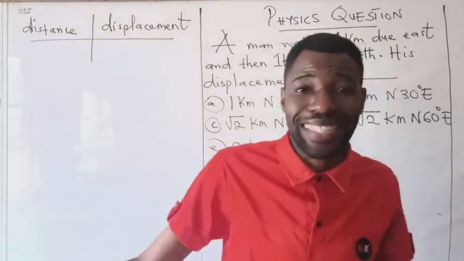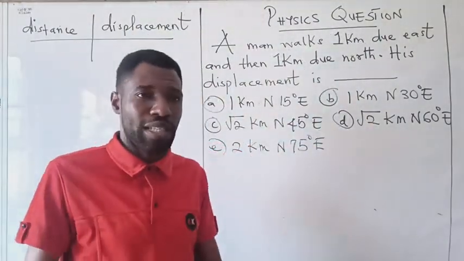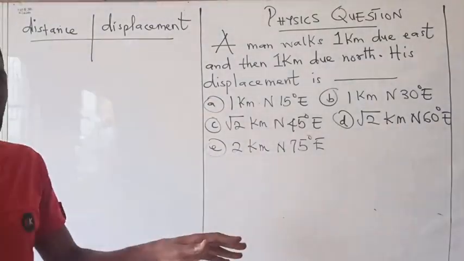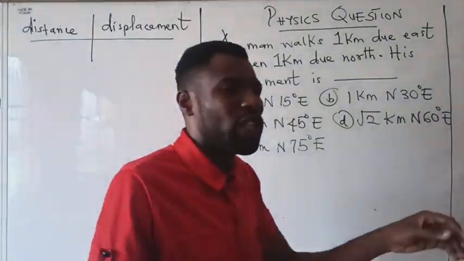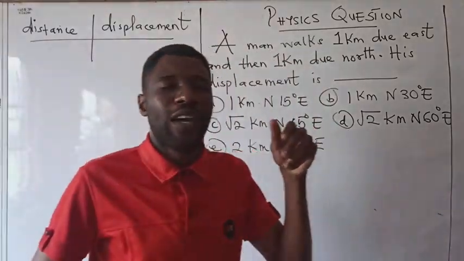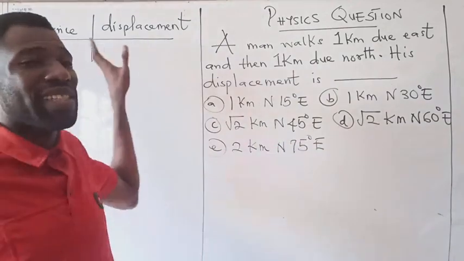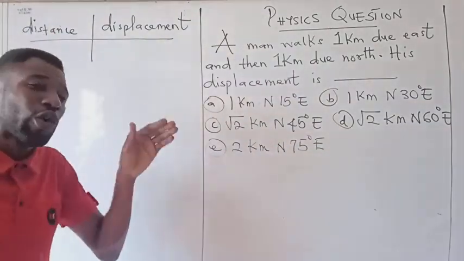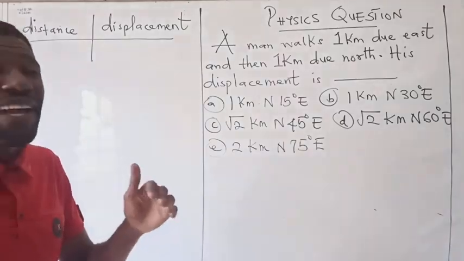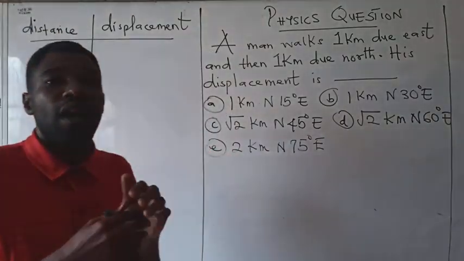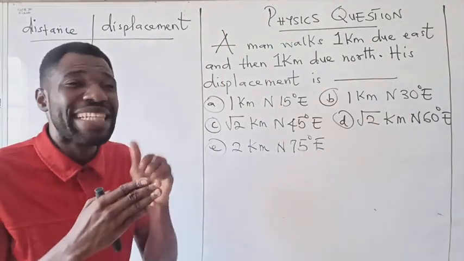The total length, that is 4 plus 3, is 7 kilometers. That's distance, irrespective of the position. It does not recognize the fact that the body moves in a given direction, which is why it's a scalar quantity. Displacement, on the other hand, is a vector quantity because it takes direction into consideration.